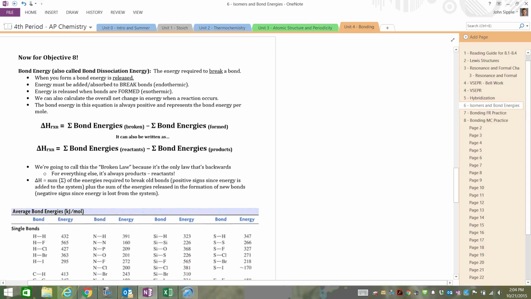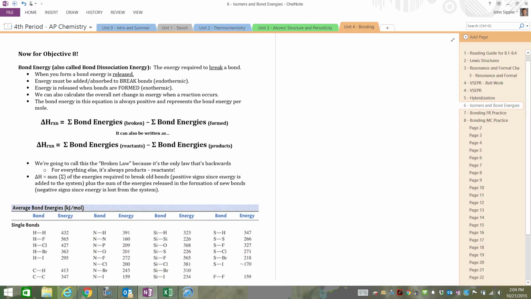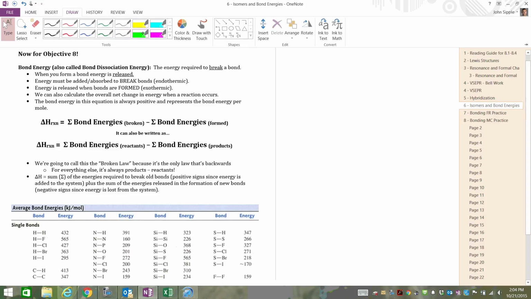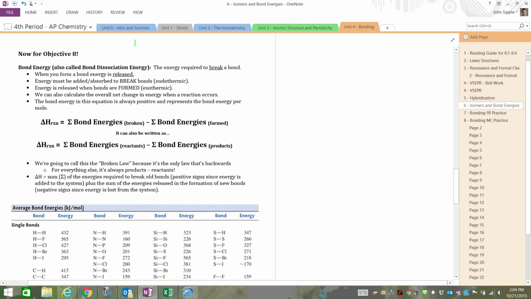So next thing here, this one is talking about bond dissociation energy. Now, there are a couple of things to be aware of here. In order to break a bond, you have to put in some energy. But also, forming bonds releases energy as well.